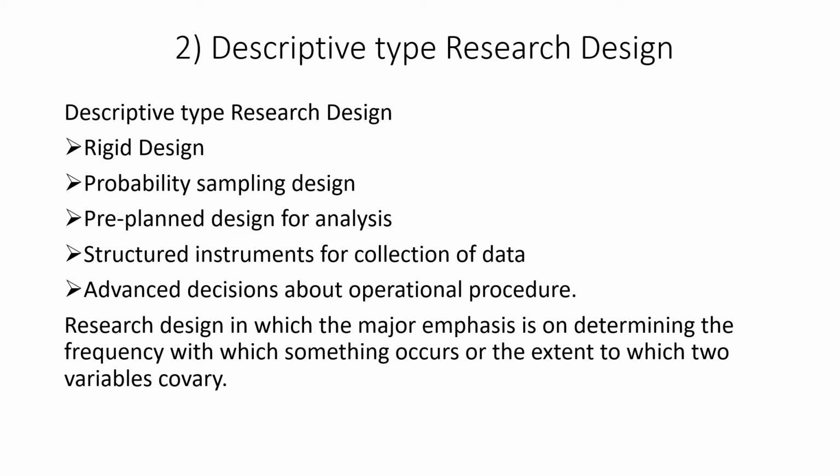In the descriptive type research design, the major emphasis is on determining the frequency with which something occurs, or the extent to which two variables co-vary. What is a variable? A variable is a concept that can assume any one of a range of values.